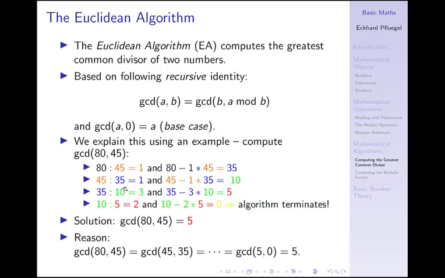It will be surprisingly quick in terms of numbers of steps you have to do, even if you're working on 4-digit numbers. And if you implement it in a computer, it will be very efficient even for really big numbers. Whereas you wouldn't be able to do the factorization method from the previous slide. So that's really the main reason why we want to use the Euclidean algorithm to compute the GCD.